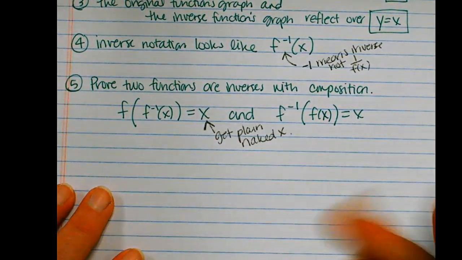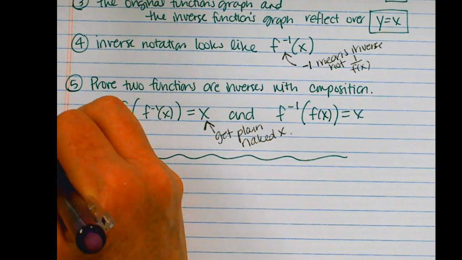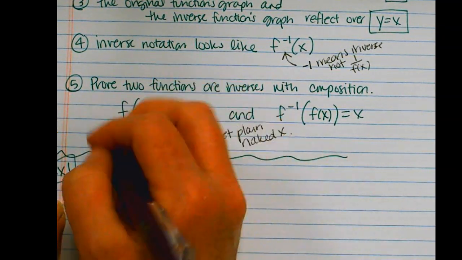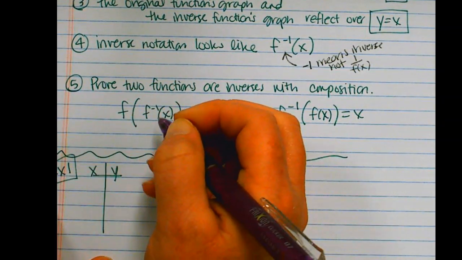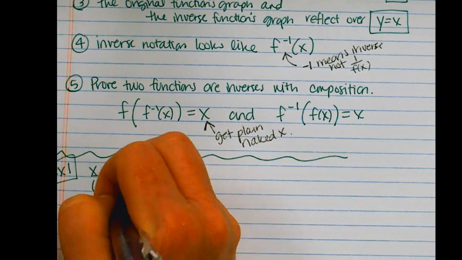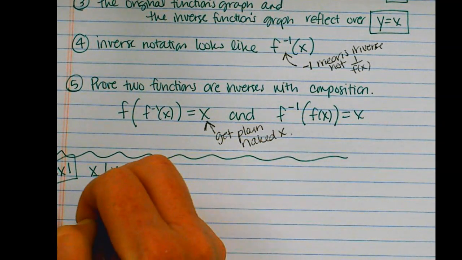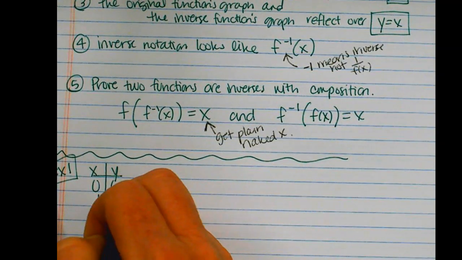Let's look at this. If I say, here's a list of x, y values. We're going to have 0, 6 as a point, and 1, 4 as a point, 2, 2, 3, 0, 4, -2.